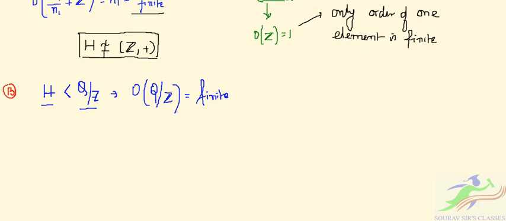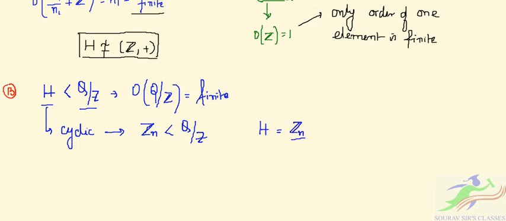So if it is a finite group, it will be cyclic. Then every cyclic group is isomorphic to Zn, which is a subgroup of Q/Z, right?